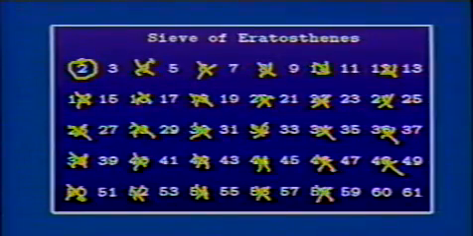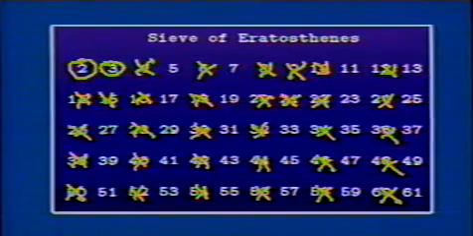And now when I finished with all of the integers, I go back and look and say, what am I left with? Well, the first thing that starts there is 3. So 3 is a prime. And now I go back through what I'm left with, and I cross out all the things divisible by 3. So let's see, 9, and 15, and 21, and 27, and 33, and so on. I won't finish.